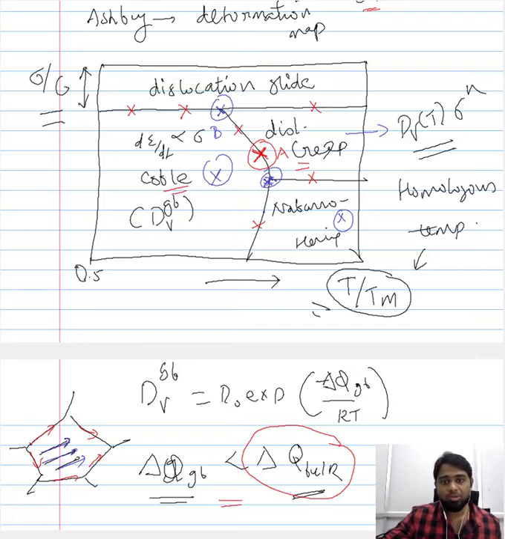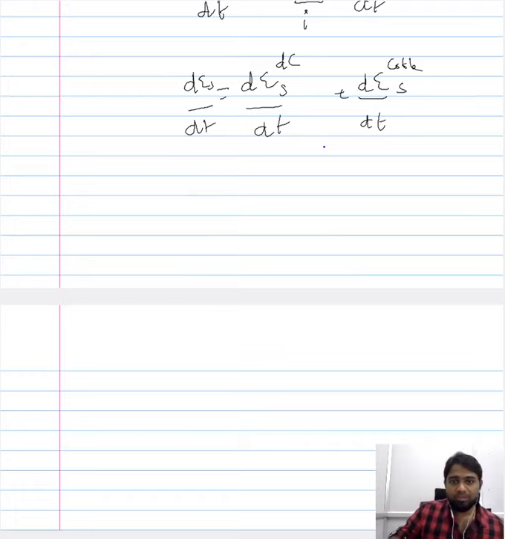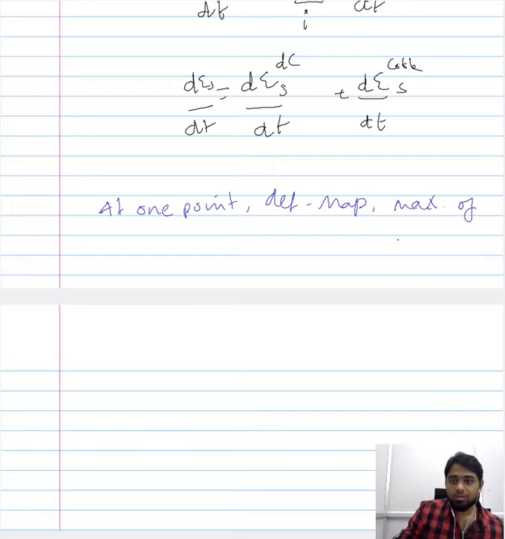It is important to note that this Ashby's deformation map indicates that at one point, the maximum number of creep mechanisms that are operational is equal to 3.